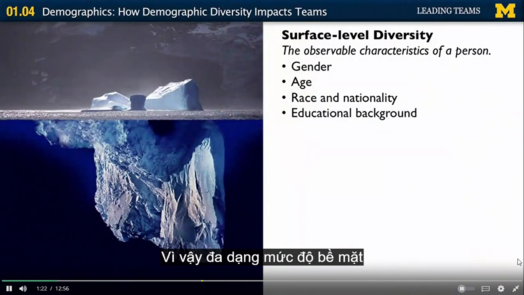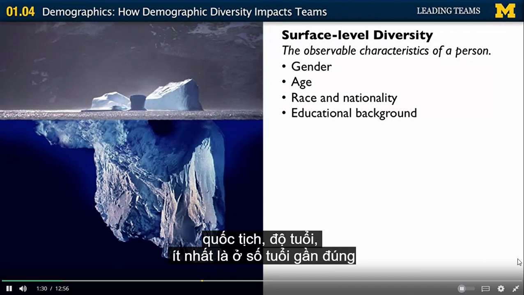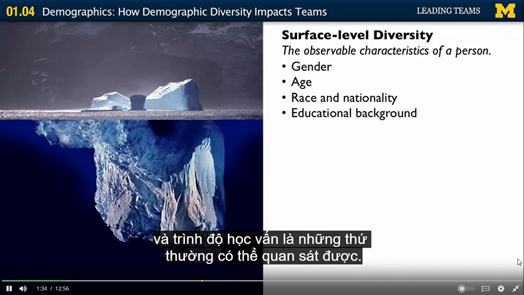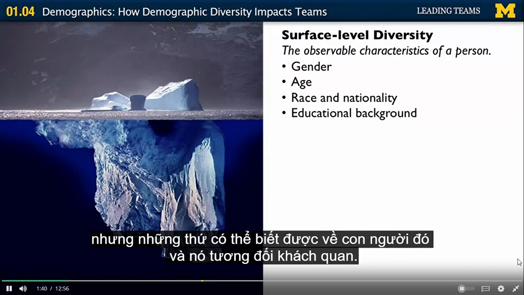So surface level diversity, for example, again, these are the observable characteristics of the person. Gender, race, nationality, age, at least in ballpark. Educational background is something that's often observable, maybe not just by looking at the person, but something that is reasonably known about the person and is relatively objective.